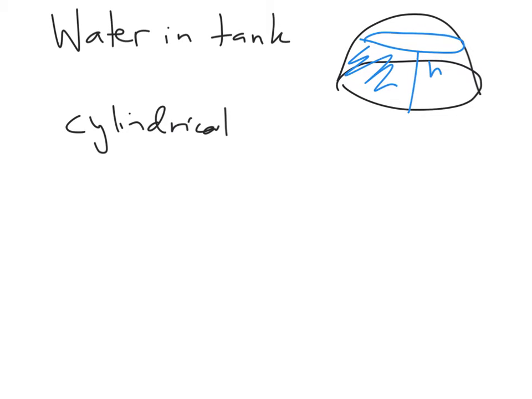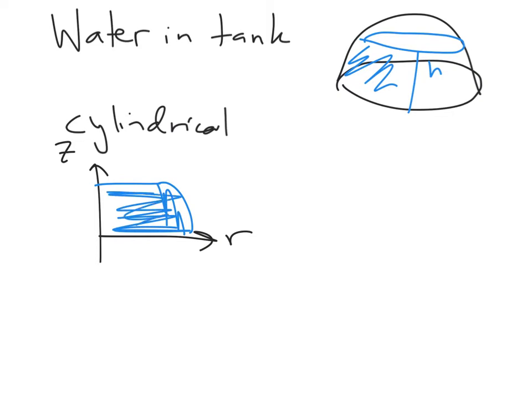And a useful way to think in cylindrical is to think in the z-r plane and look at what a cross-section of the shape looks like in that plane. Especially in this case where we have radial symmetry, all we need to do is describe this cross-section, and then we can spin it through 2 pi radians.